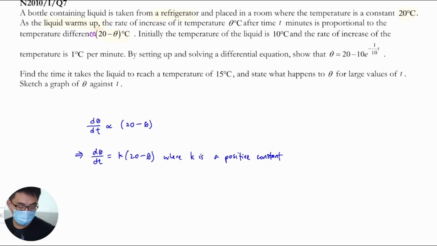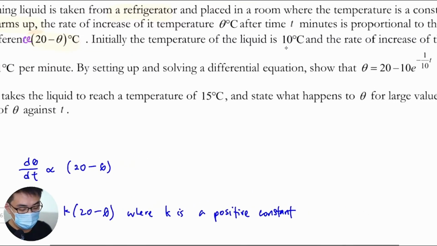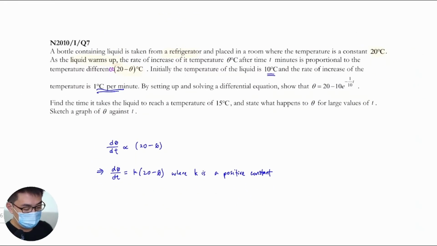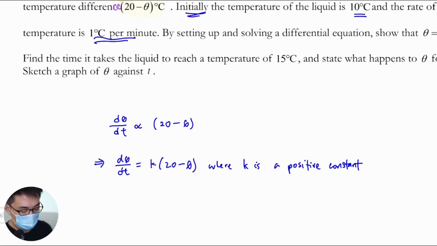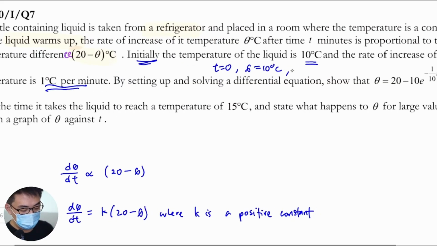Alright. Now initially the temperature of the liquid is 10 degrees and the rate of increase is 1 degree per minute. So this whole ordeal here initially is where t equals 0. The liquid taken out from the refrigerator is 10 degrees and it straight away increases at a rate of 1 degree per minute.